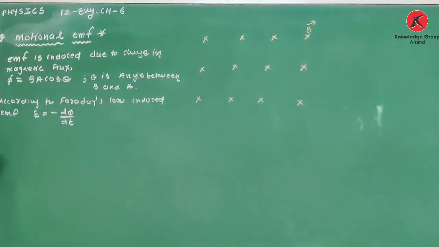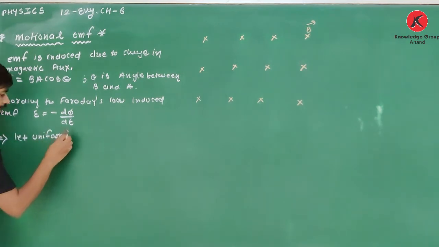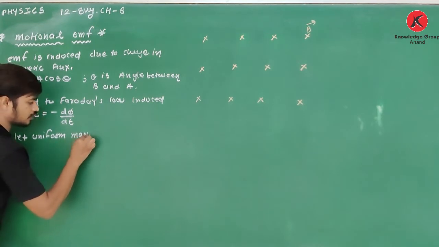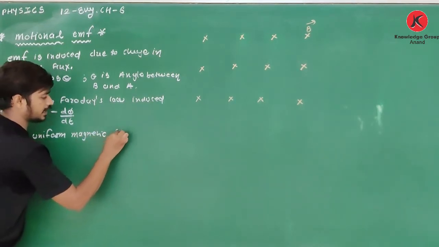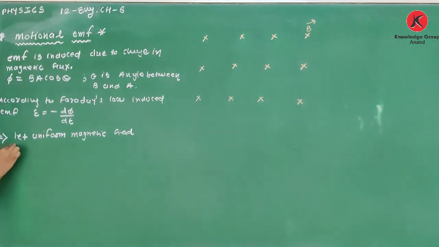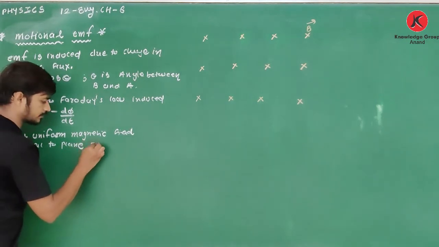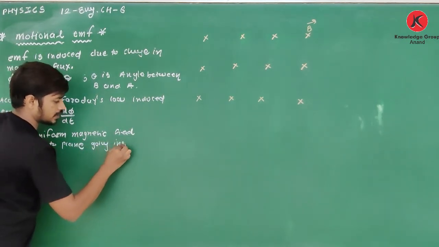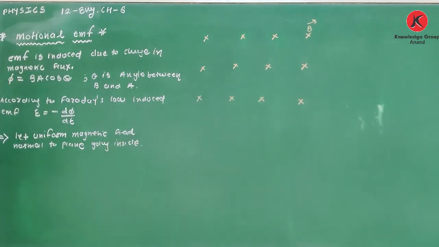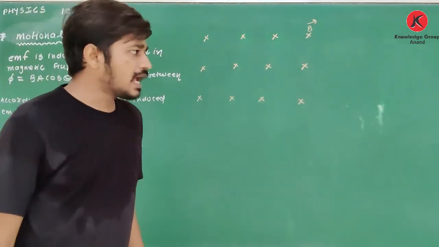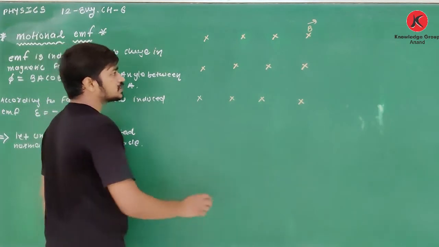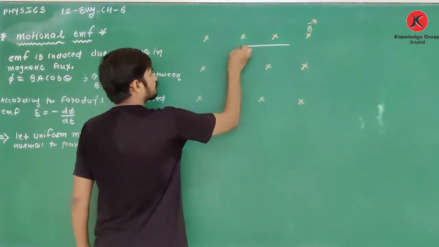So first of all I am going to write: let uniform magnetic field be normal to the plane going inside. In this uniform magnetic field, I am assuming one U-shaped frame.